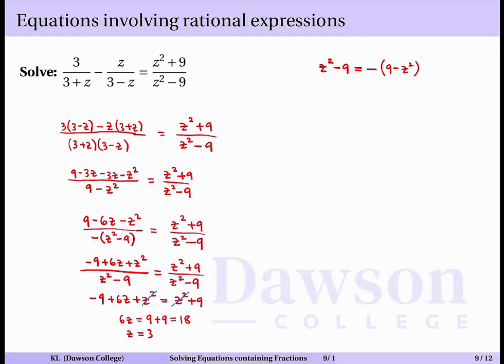Going back to the original equation, these are our denominators, but this implies that 3 plus z not equal to 0, 3 minus z not equal to 0, but these two imply that your z cannot be 3, z cannot be negative 3.